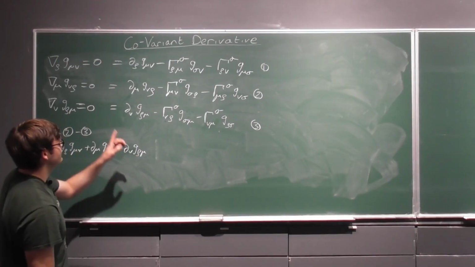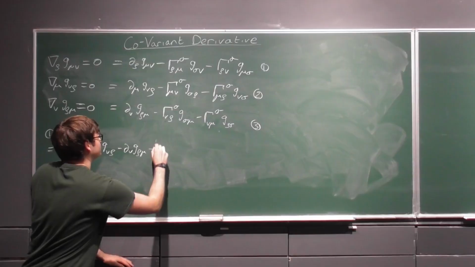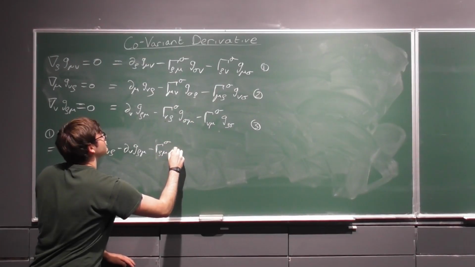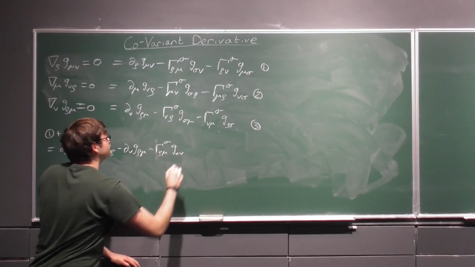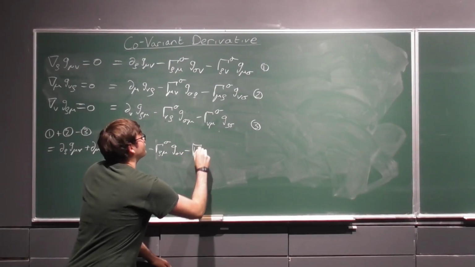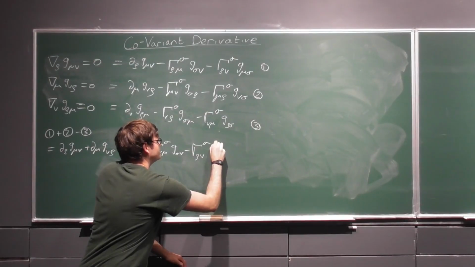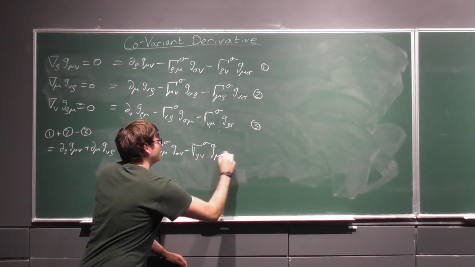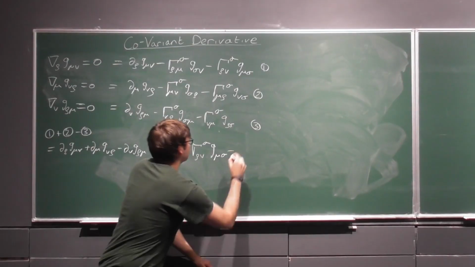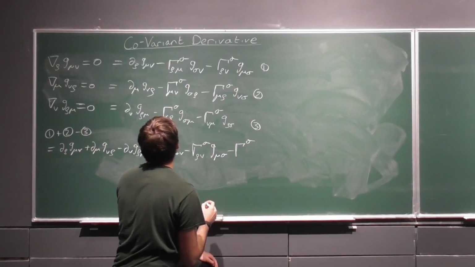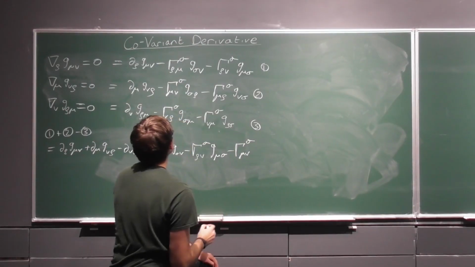Now, I said I was adding the first equation, so that's going to give me gamma sigma rho mu g sigma nu, minus gamma sigma rho nu g mu sigma. And then I'm adding the second equation, so we'll go through that. You'll see we'll make a lot of cancellations here. It's not going to be this messy forever.